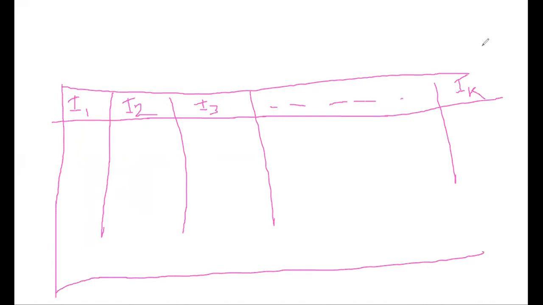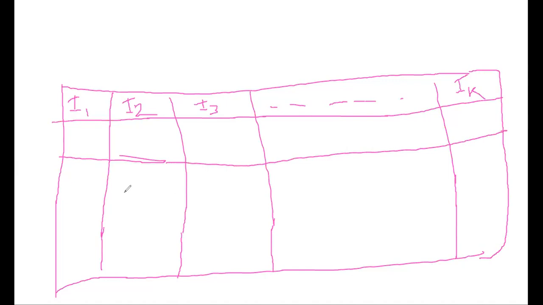You design a table. The idea I am giving you is how this hardware is basically designed. In this way it will move on, in this way it will move on.